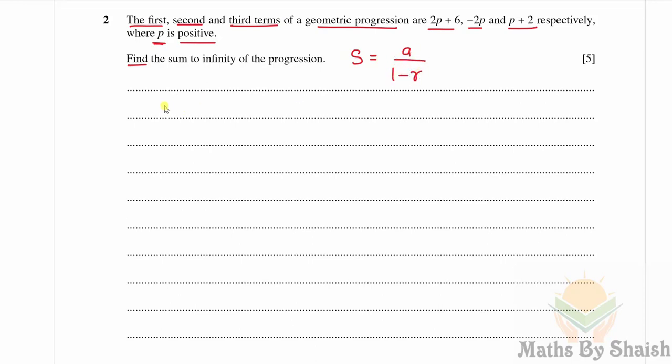All we need is the value of r, because we have a as 2p plus 6, and r is the common ratio, which is minus 2p upon the previous value, 2p plus 6, and this has to be the same for the next, that is the third value upon the second value. From here, after solving this, we will get the p value.